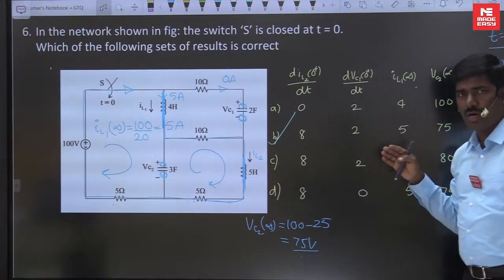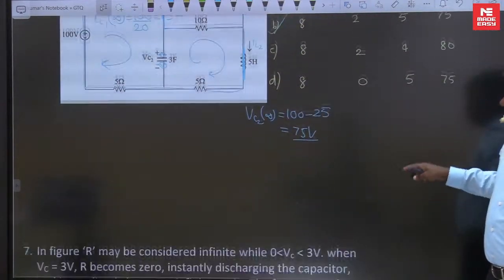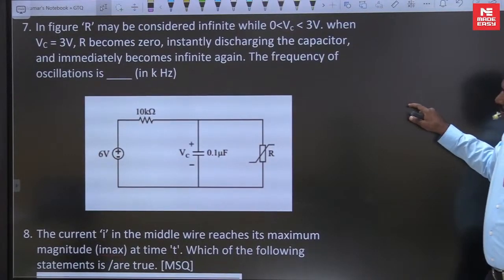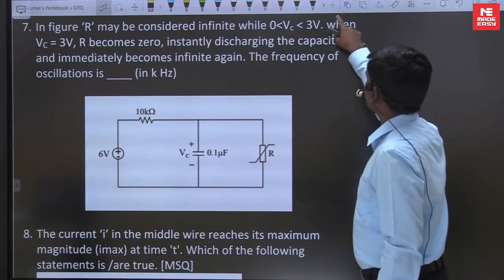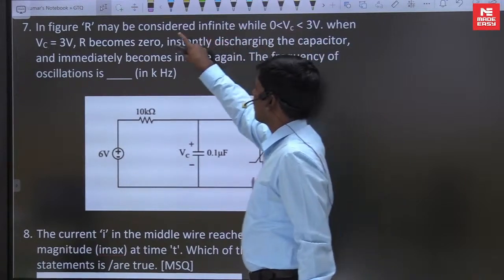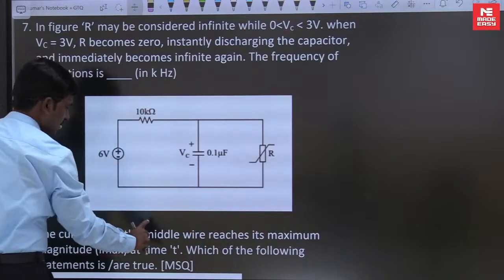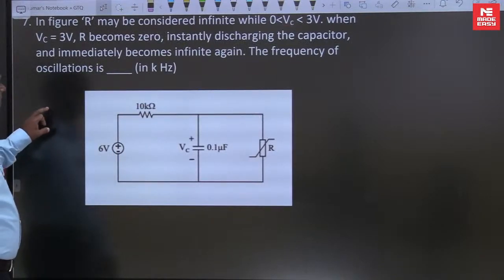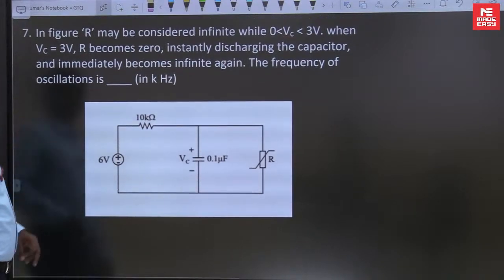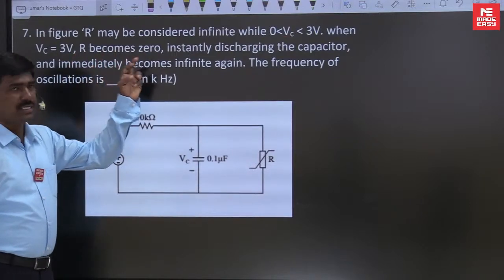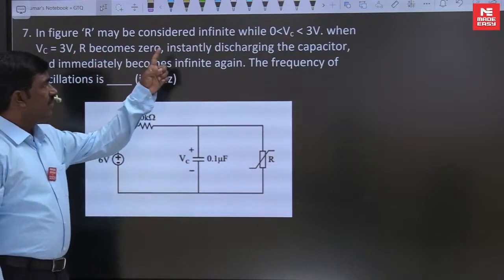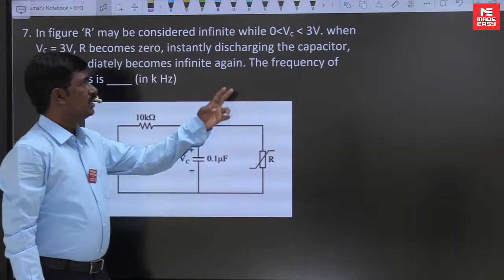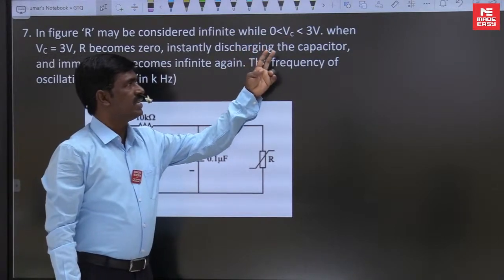This is totally based on initial and final conditions. Now give the answer for this. In the figure, R may be considered infinite while 0 less than Vc less than 3 volts.